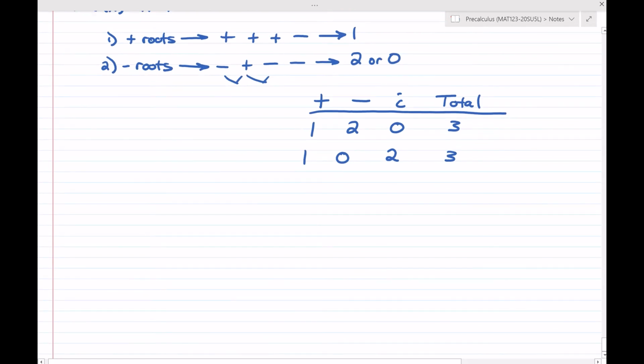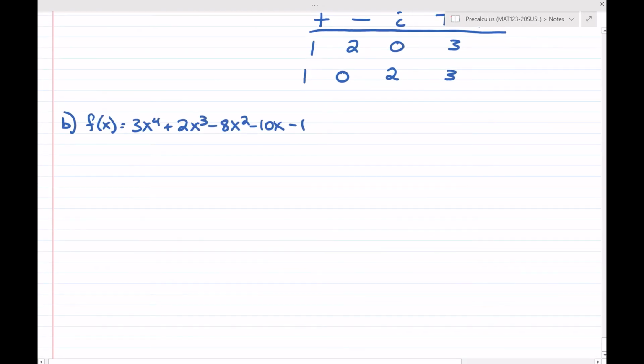Last problem. What if we had f of x is equal to 3x to the fourth plus 2x to the third minus 8x squared minus 10x minus 1? Well, first step, let's figure out the number of positive roots. We have a positive, positive, negative, negative, negative. There's one change.